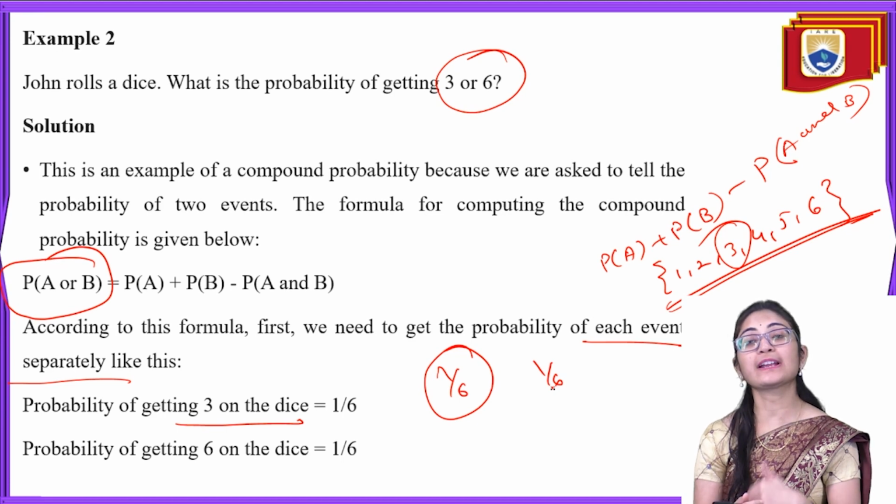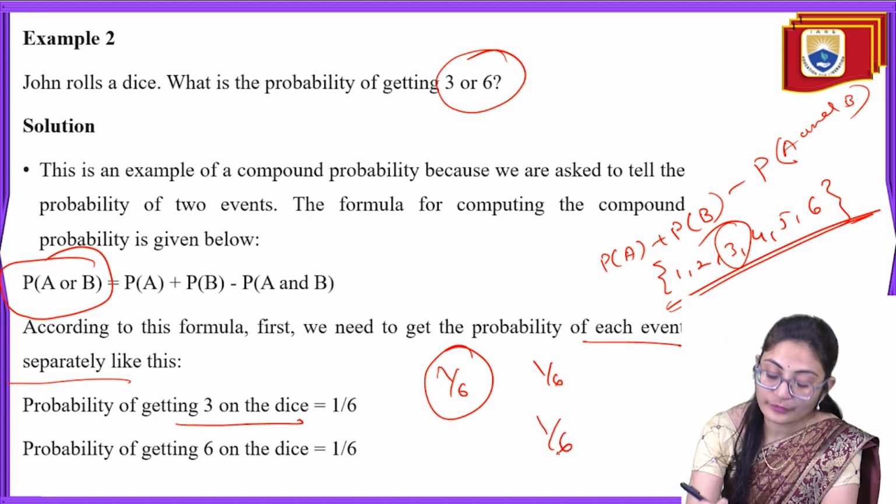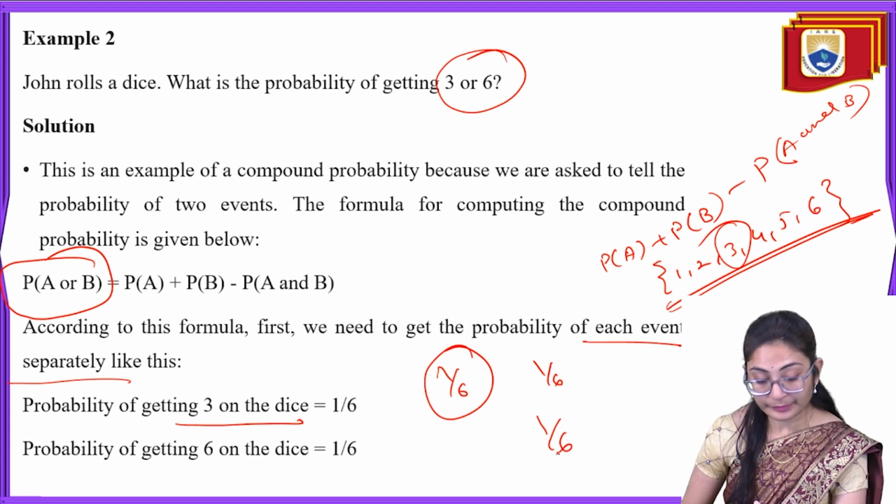Then the probability of getting a 6 on the dice is also 1 by 6.